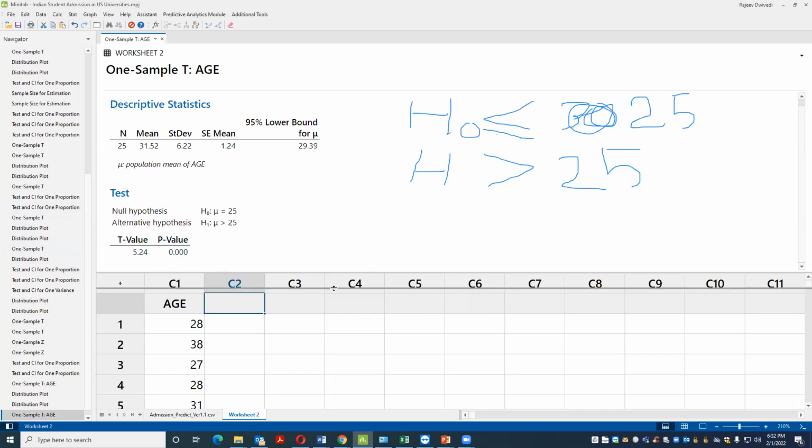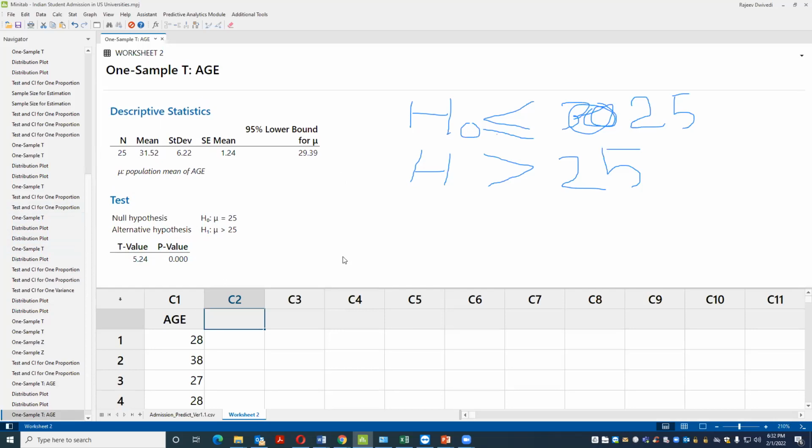What can we say? Very simple: when can we accept the null hypothesis?